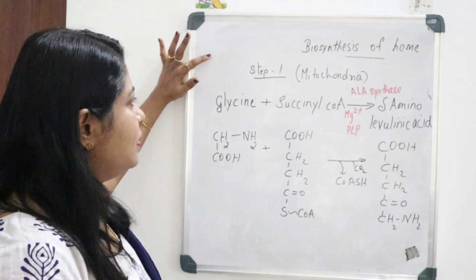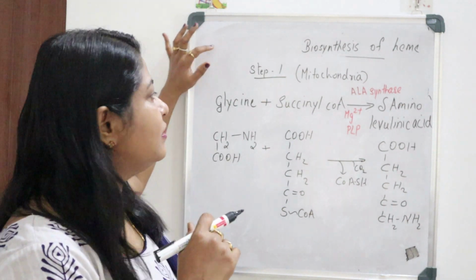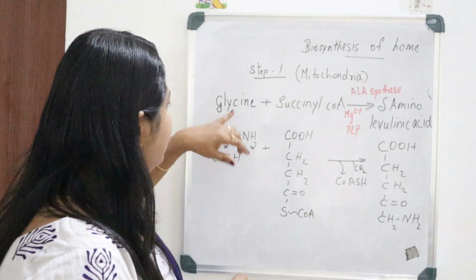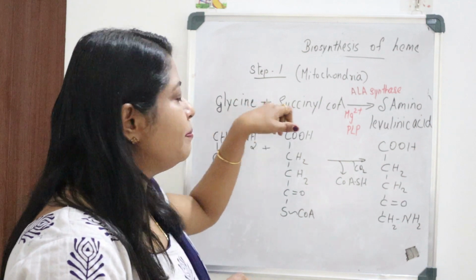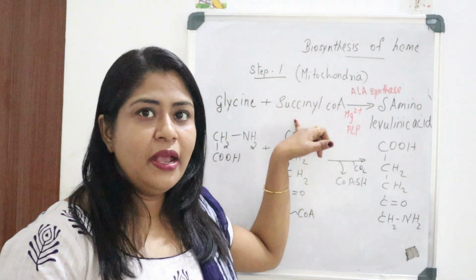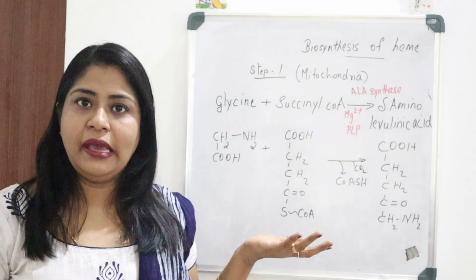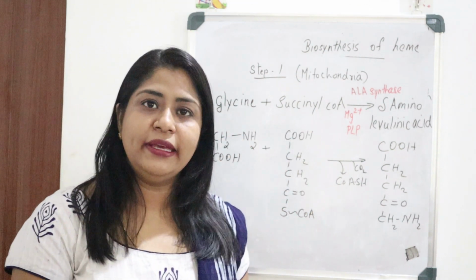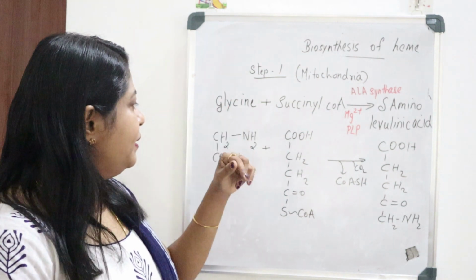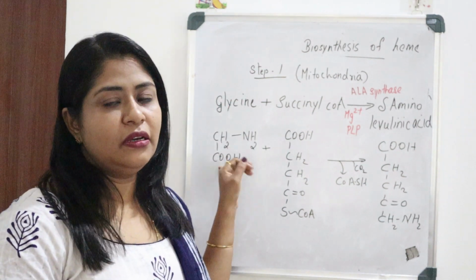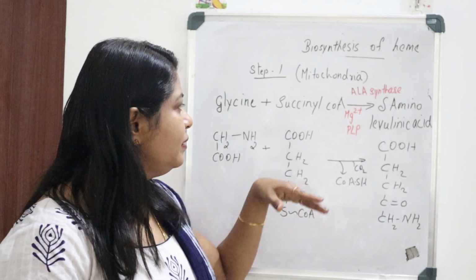Then coming to the steps. Step 1 occurs in the mitochondria, where glycine combines with succinyl-CoA producing delta-aminolevulinic acid, or simply ALA. Here the glycine structure is given, and succinyl-CoA is also given.